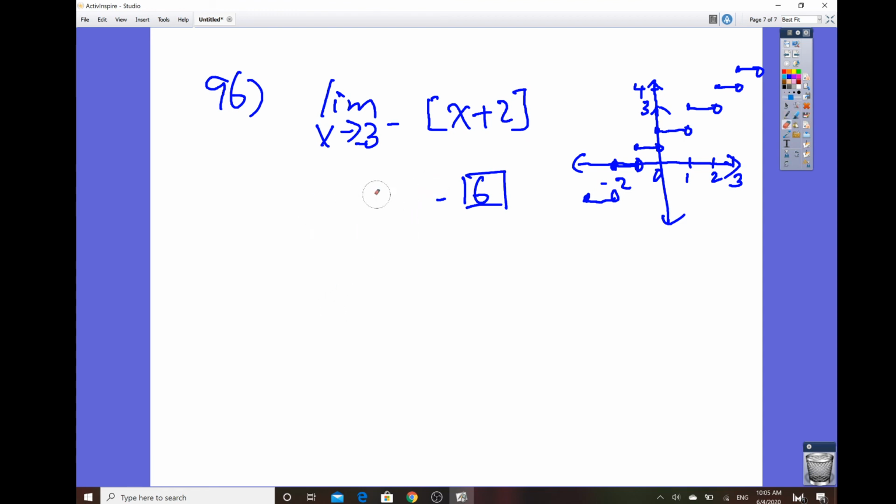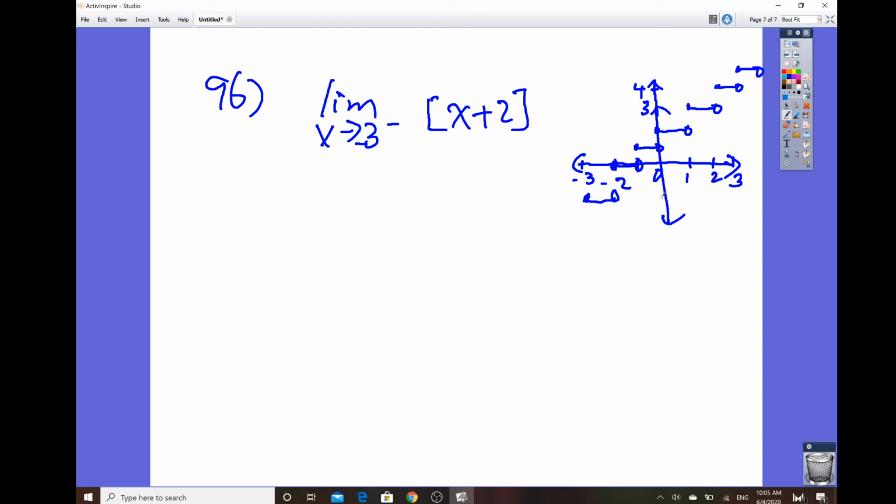It's not 3 from the left. It's -3 from the left. So -3 from the left, that means it's coming from this side right here. So here's -2. Again, just a continuation with the staircase function. So the next one will be -3 from the left.